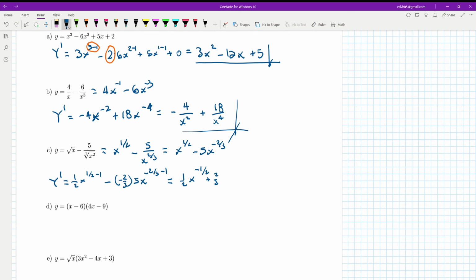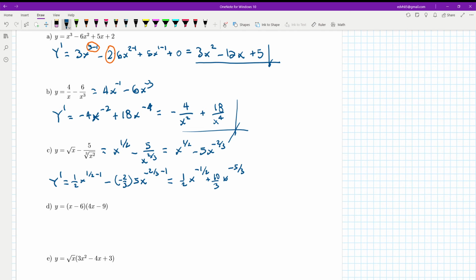Or actually, if we multiply 2/3 times 5, that's going to give us 10/3, x to the negative 2/3 minus 1. But combining negative 2/3 minus 1 is the same as combining negative 2/3 with negative 3/3, so that's going to give us negative 5/3.